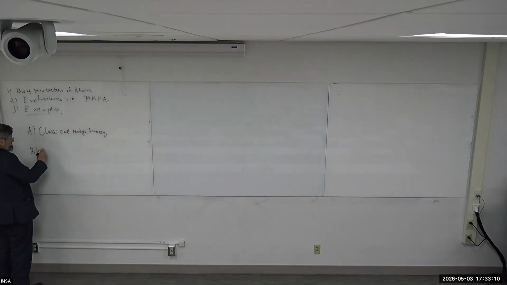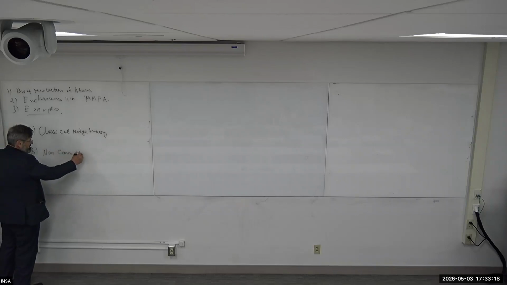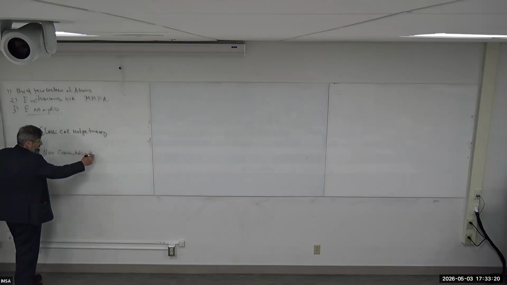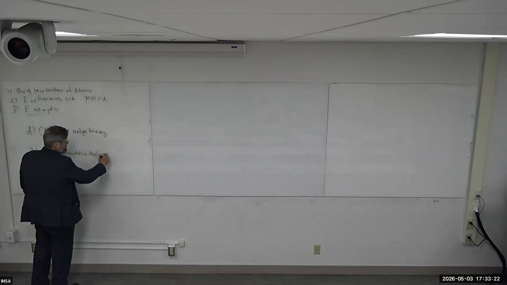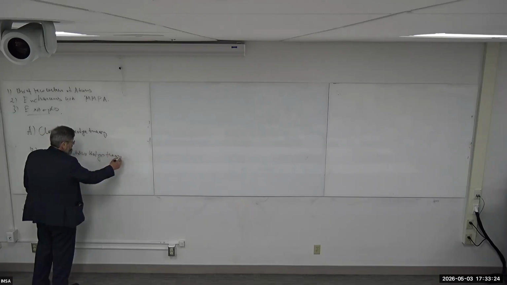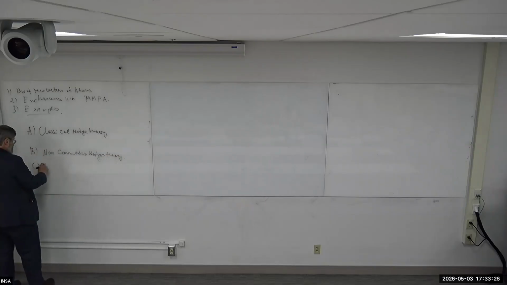B, this is the non-commutative Koch theory. And then C, Birational Koch theory.